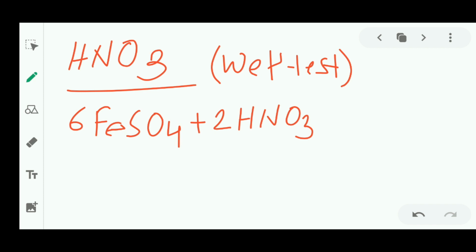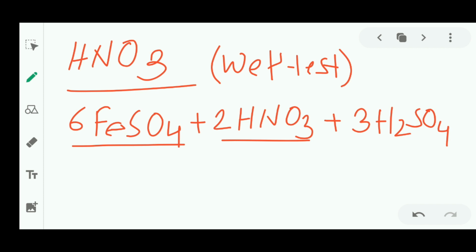Freshly prepared ferrous sulfate is added to the nitric acid, and then H2SO4 is added slowly by the side.